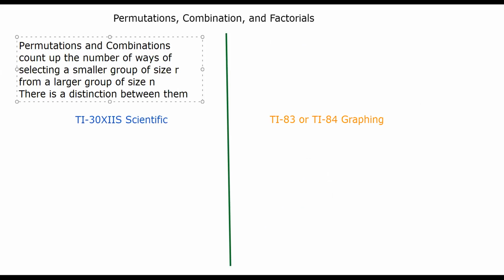A permutation, whenever it calculates the number of subgroups of size R you can make from a larger group of N, does so and then gives you all the ways that those objects can be reordered. The combination simply gives you the number of groups that can happen. Again, we're not necessarily learning about this right now. We're just learning how we can find these functions in our calculator.